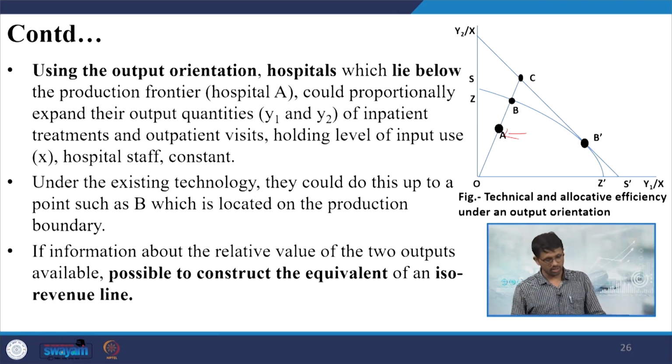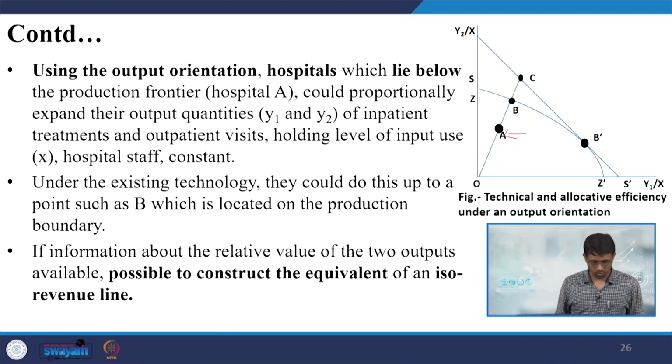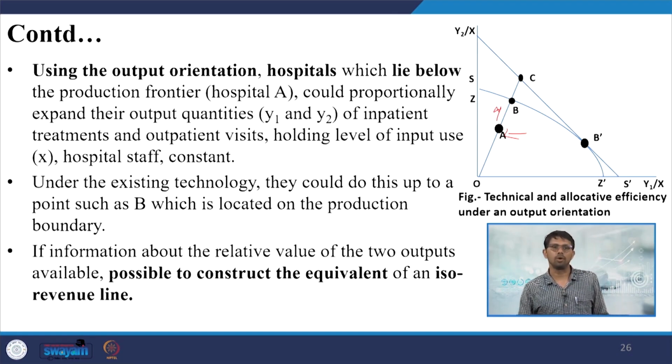Given the constant level of this, they can increase proportionately under the existing technology, up to a point such as B, which is located on the production boundary.